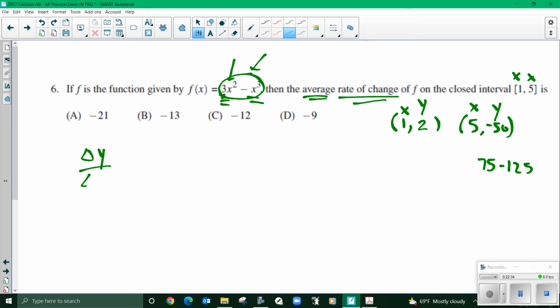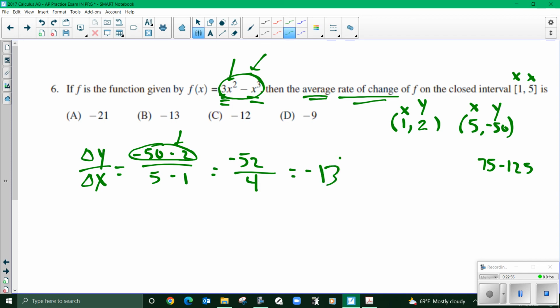Change in y over change in x. I got -50 minus 2 all over 5 minus 1. It's -52. Don't call this 48. That is -52 over 4. 4 goes in there -13 times. That's your answer. Choice B. Pretty easy.